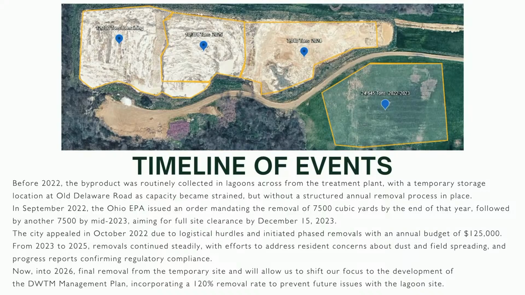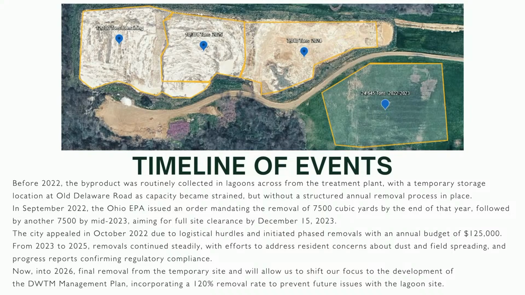Before 2022, the byproduct was routinely collected at those lagoons across from the treatment plant with a temporary storage location at Old Delaware Road. This capacity became strained, without a structured annual removal process in place. In September of 22, the Ohio EPA issued an order mandating a removal of 7,500 cubic yards by the end of that year, followed by another 7,500 by mid-23, aiming for full site clearance by December 15th of 23.